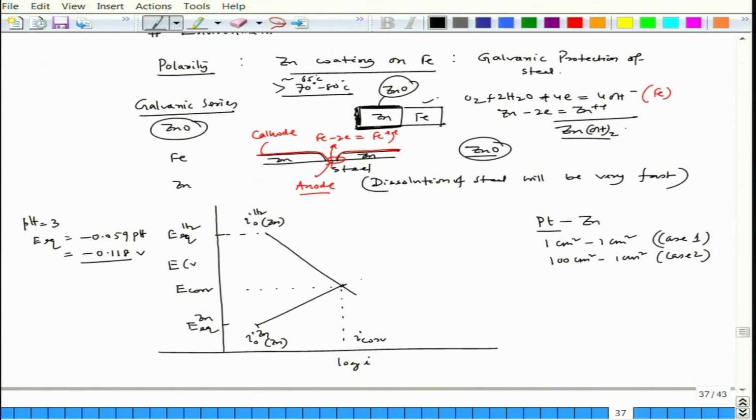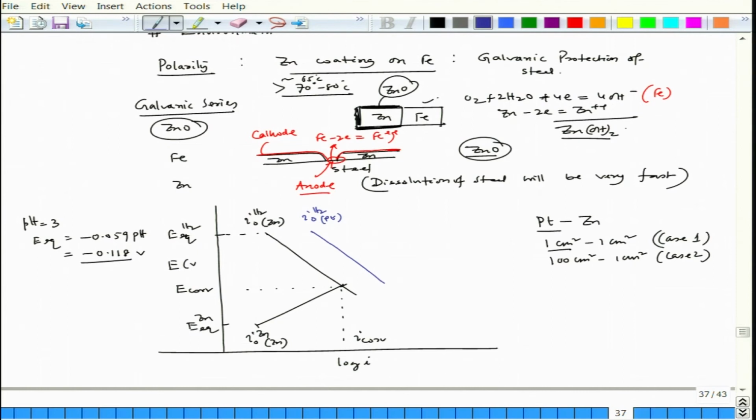And now we have connected 1 centimeter square platinum. So, this platinum has a higher exchange current density for hydrogen, so the line will be extended. Now, as per the mixed potential theory, the total reduction rate should be equal to the total oxidation rate at the point of mixed potential.